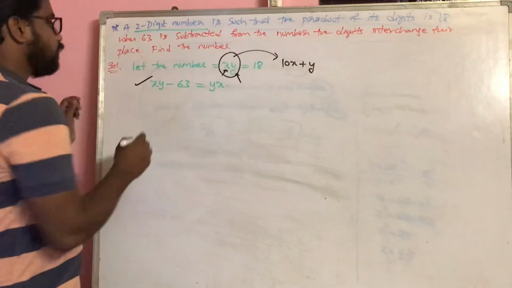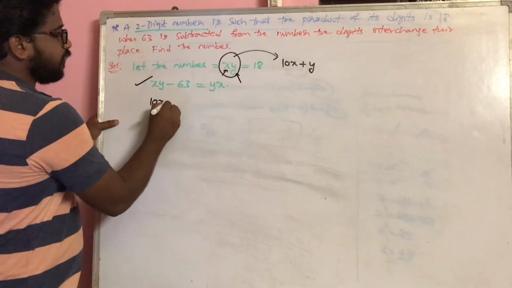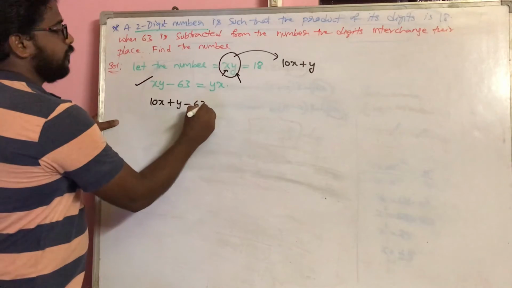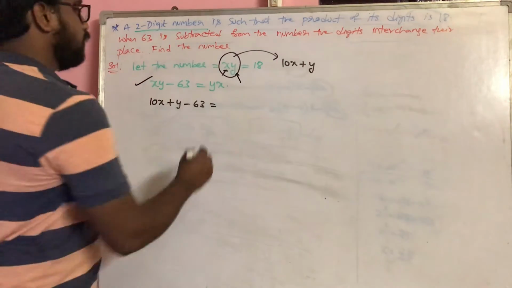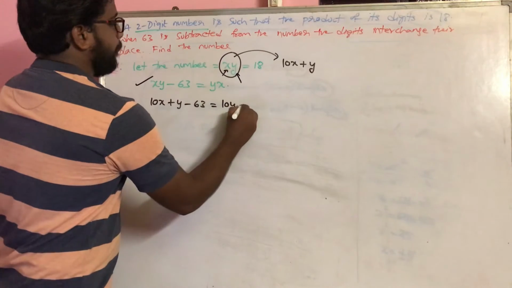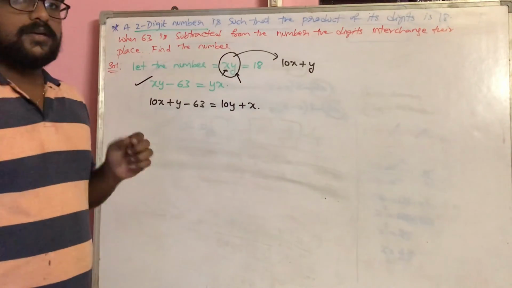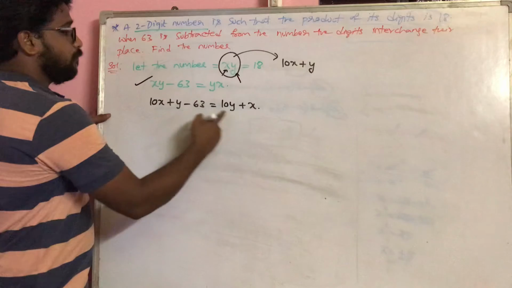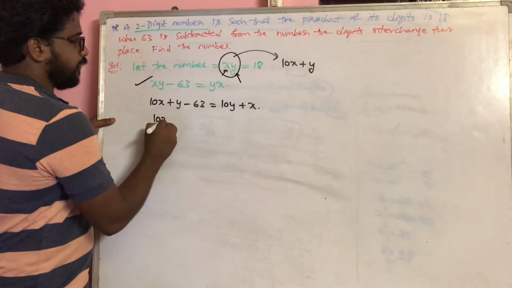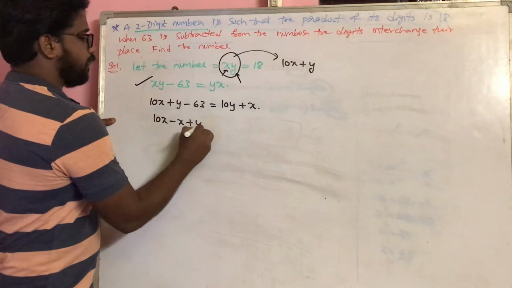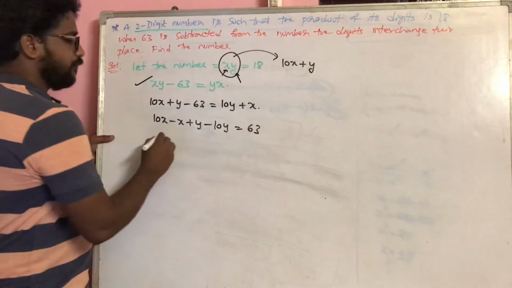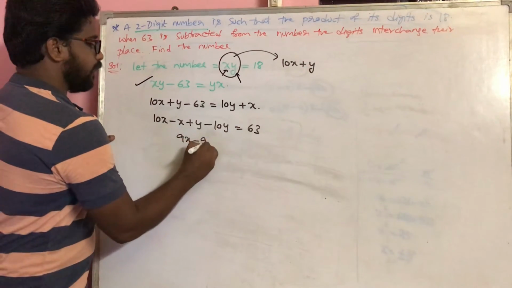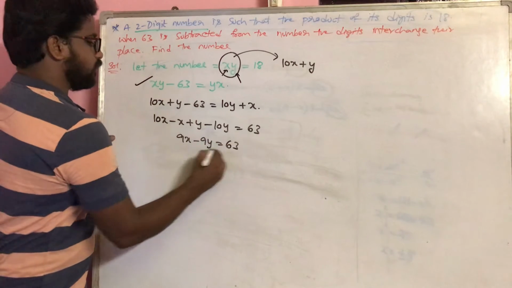So this xy I will replace with 10x plus y, minus 63 is equal to yx, that means 10y plus x. So simplify it further by bringing the terms to the other side. 10x minus x plus y minus 10y is equal to 63. So this is 9x minus 9y is equal to 63.